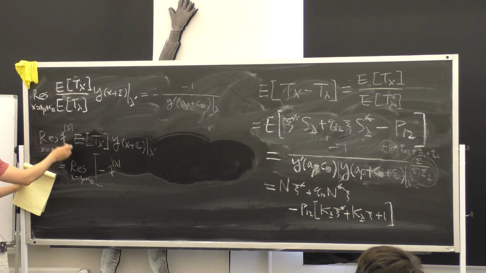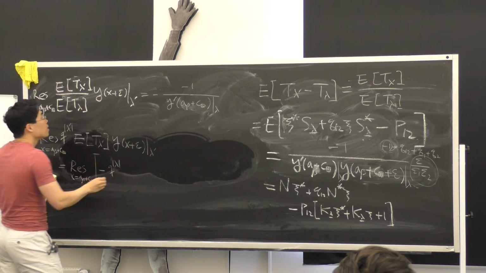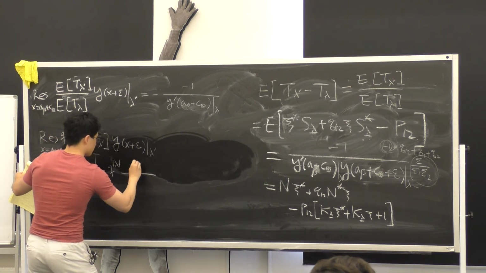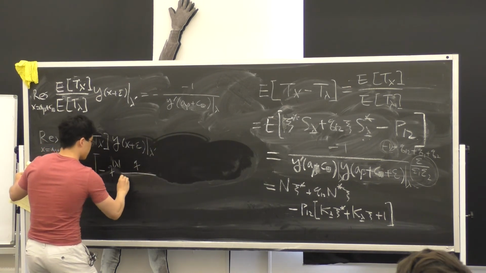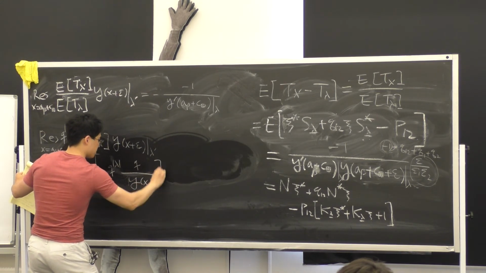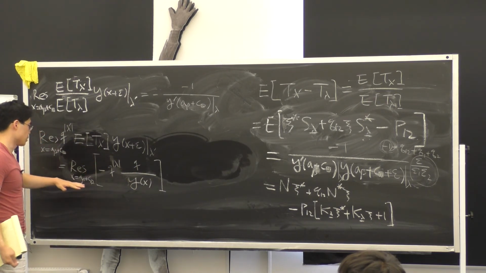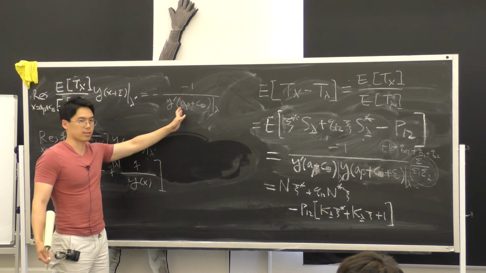But you have to notice that lambda prime and lambda have one difference in the number of boxes. So I write q over that thing, y of x, because the 1 over y has the residue which is exactly this.